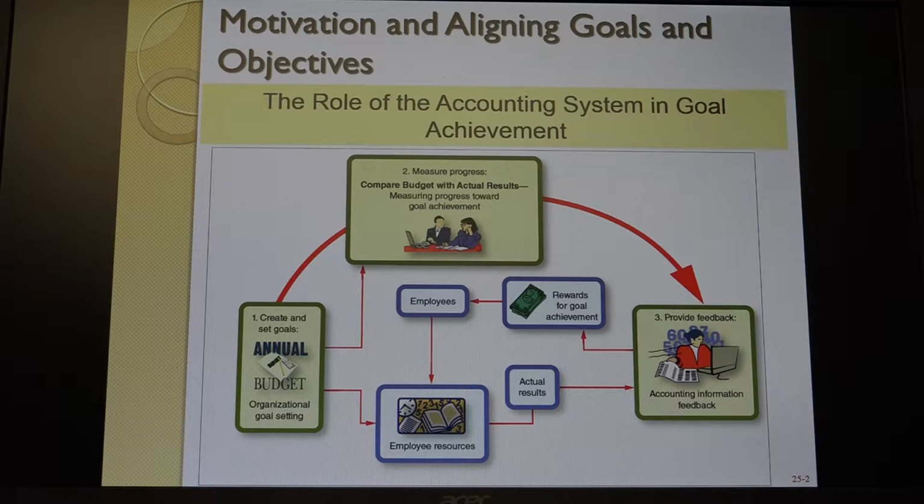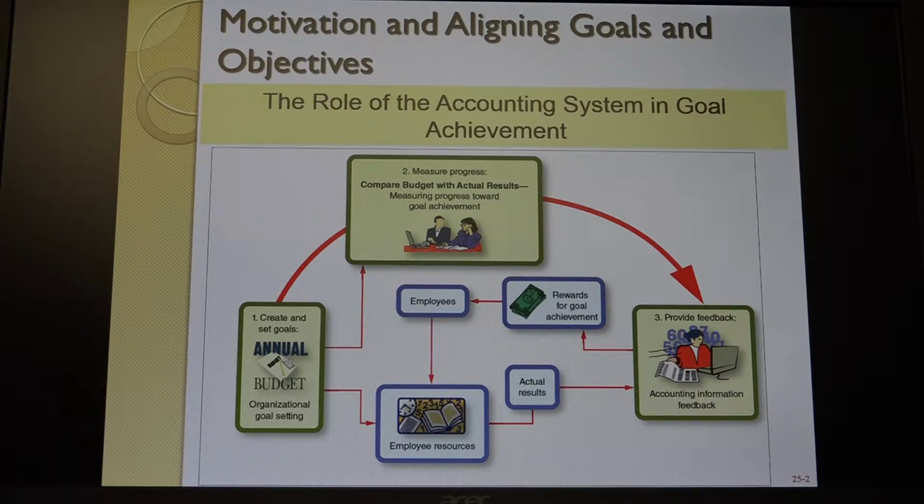And so once the budget is set for the year, the budget sits there as a measure, and so you can compare budget with actual results, and of course allowing managers to do this throughout the year shows them where they are versus where they should be, and allows them hopefully to take some corrective action.